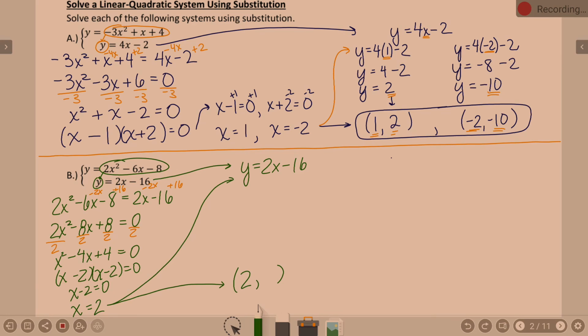So y equals 2x, so 2 times 2 minus 16. 2 times 2 is 4. 4 minus 16 is negative 12. And you have one solution there. So that is possible.